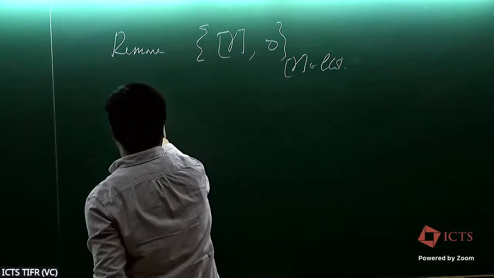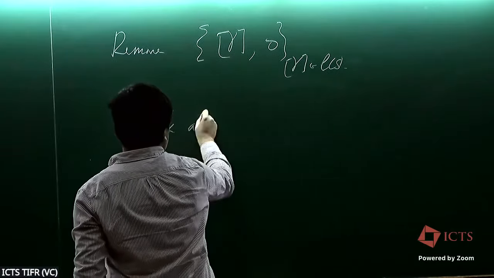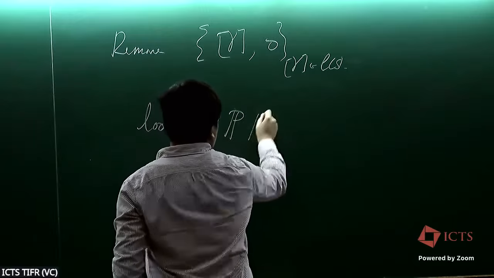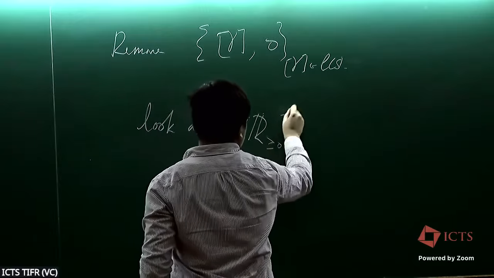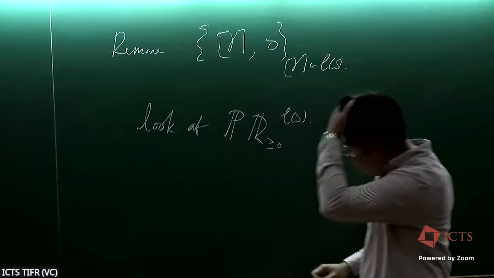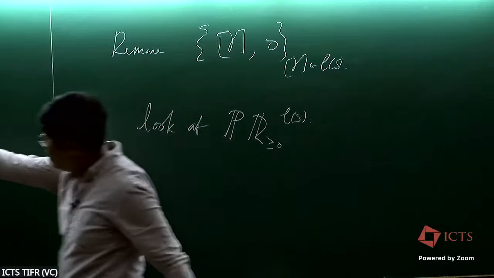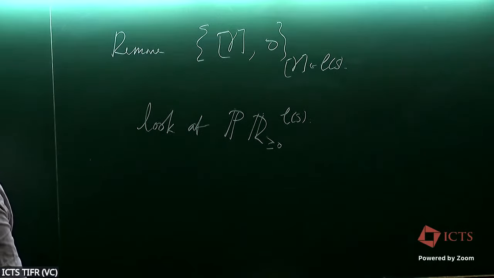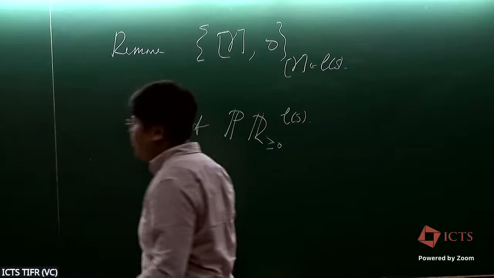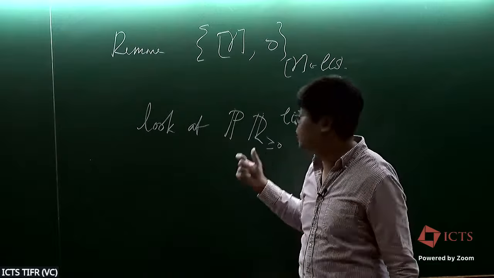So then we can look at these marked length spectra up to scale. What do I mean by that? I mean, I have a curve here and I have a number here. If all the numbers here, I can multiply by 2, well, that's the same object in this projective space. Okay, so that's the space here.